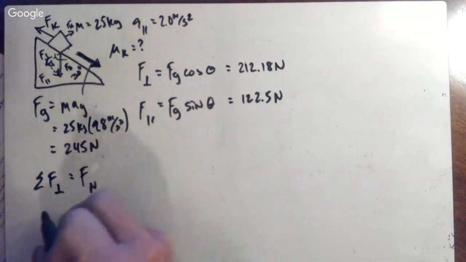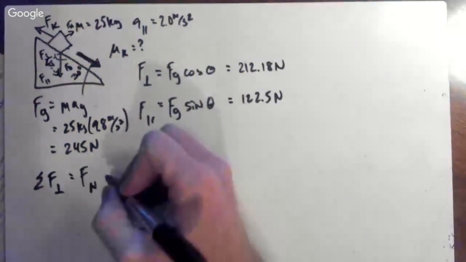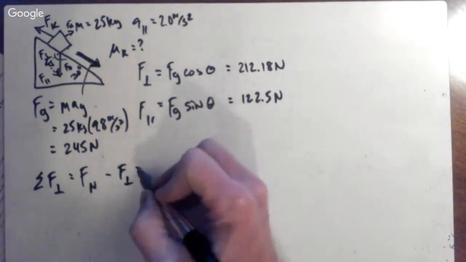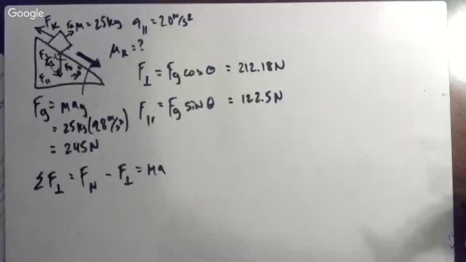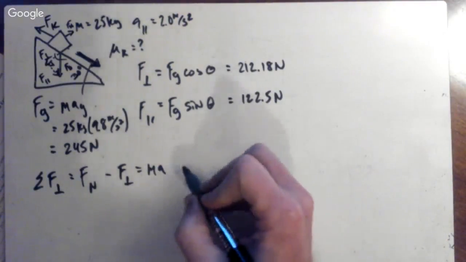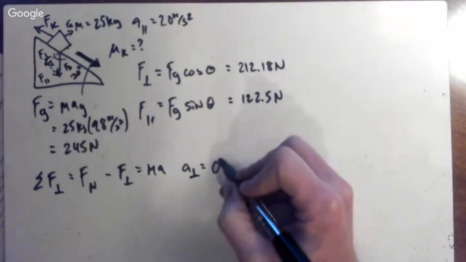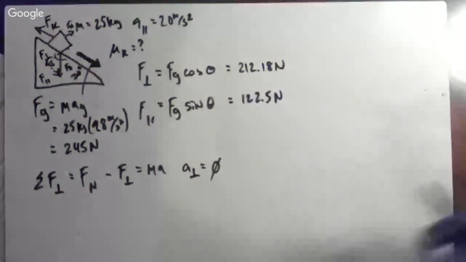Anyway, back to our summation equation. F perpendicular equals Fn, and because it's in the opposite direction, minus F perpendicular. That's going to give us m times a, which is always the result of our summation equation. But let's say there is no acceleration in the perpendicular direction. My box is not shooting up off that ramp, so our acceleration is 0.